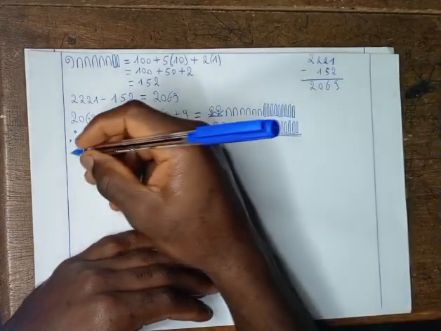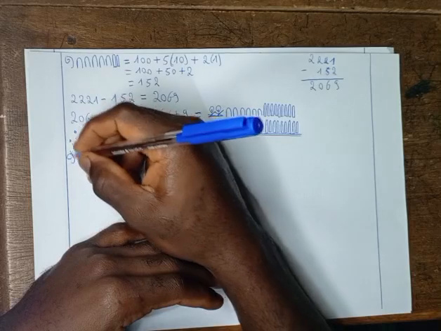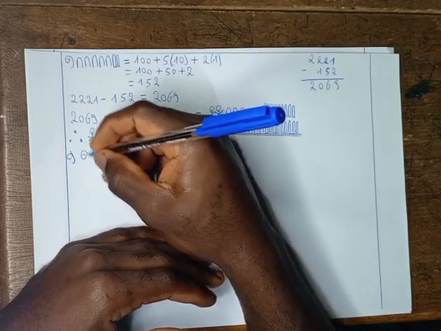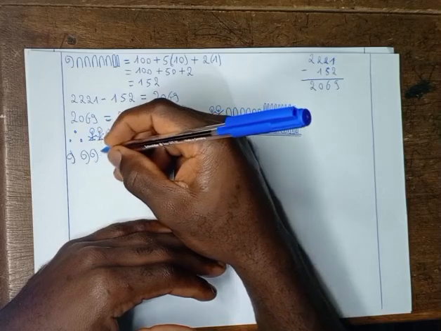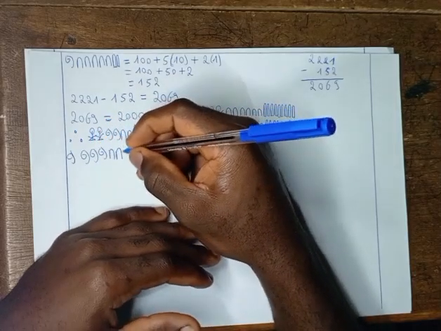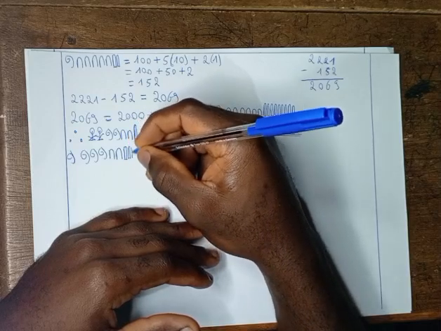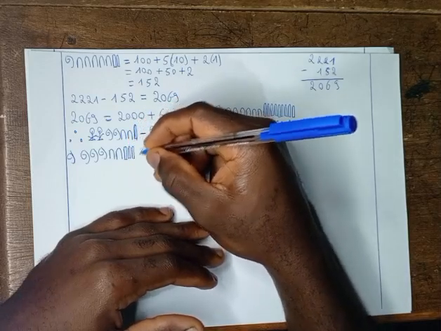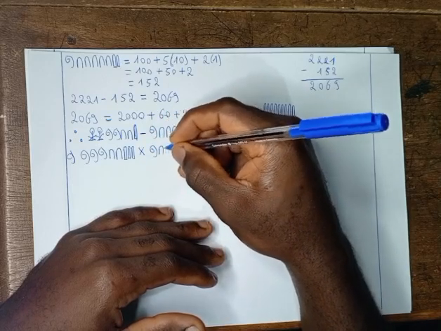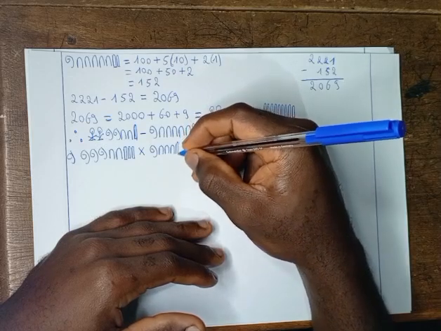Next, we go now to question C. For question C, we have a number. The first number has 3 spirals, 2 bones, 3 straight fingers, times the second number, which has a spiral, 3 bones, and a straight finger.